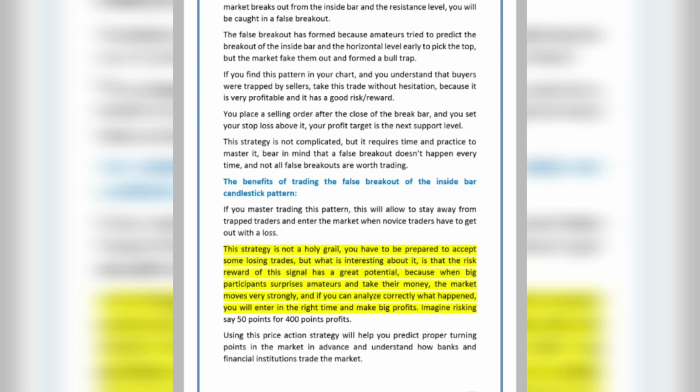You have to be prepared to accept some losing trades, but what is interesting about it is that the risk-reward of this signal has a great potential, because when big participants surprise amateurs and take their money, the market moves very strongly, and if you can analyze correctly what happened, you will enter at the right time and make big profits. Imagine risking, say, 50 points for 400 points profit. Using this price action strategy will help you predict proper turning points in the market in advance and understand how banks and financial institutions trade the market.